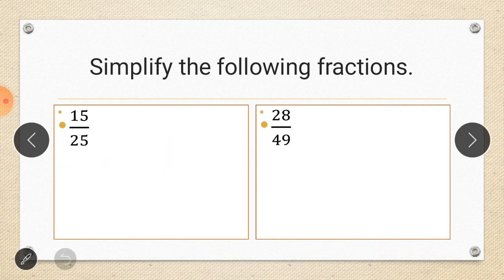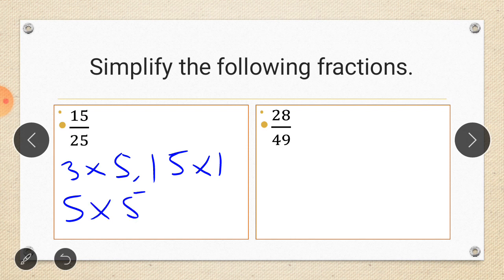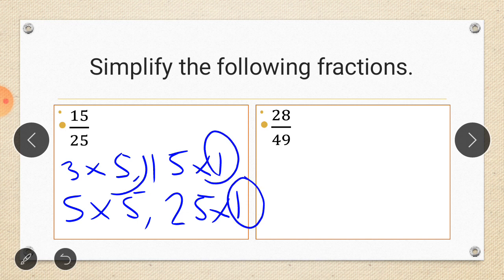Next, we have 15/25. The factors of 15 are 3 times 5, 15 times 1. For 25, we have 5 times 5, 25 times 1. Their common factors are 1 and 5.